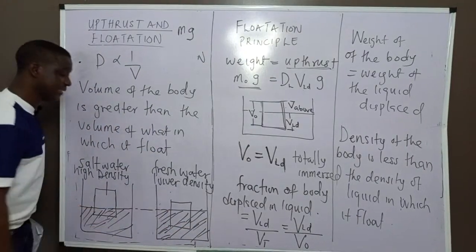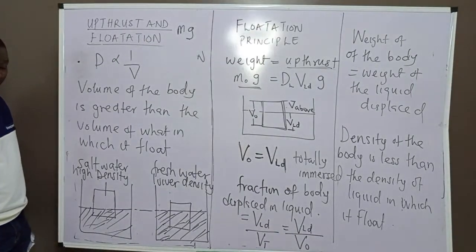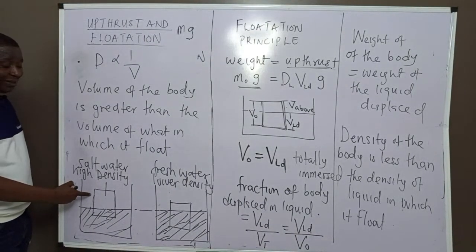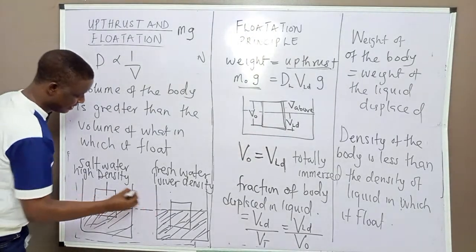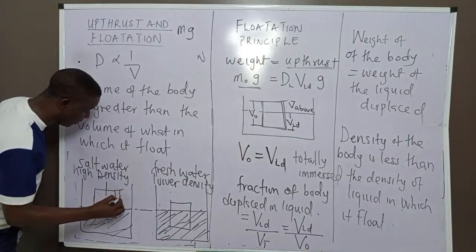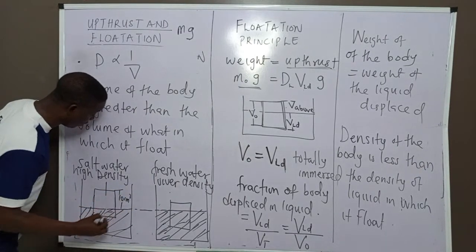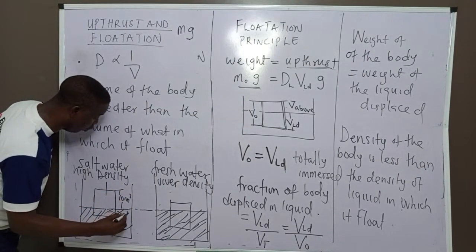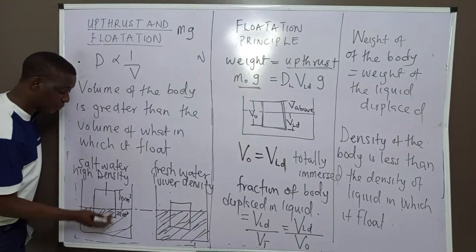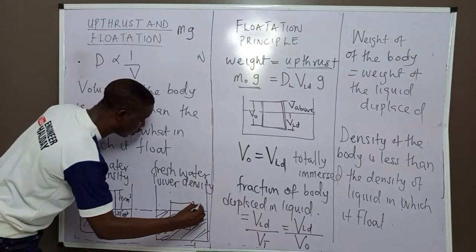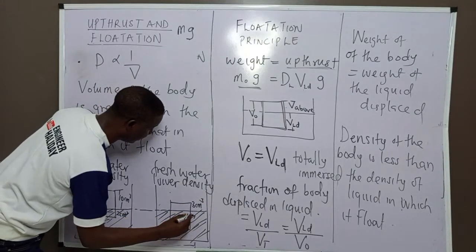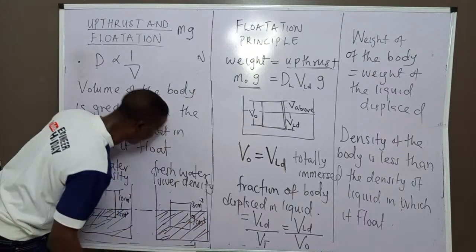The volume above has decreased. Let's say here it was probably 10 cm³ above and 2 cm³ below, everything 12 cm³. But now we have 3 cm³ above and 9 cm³ below, see, 12 cm³.